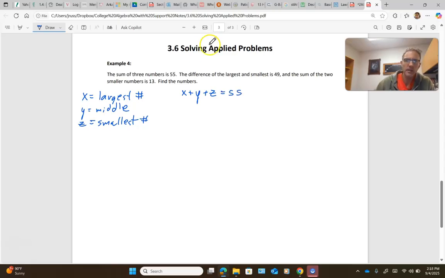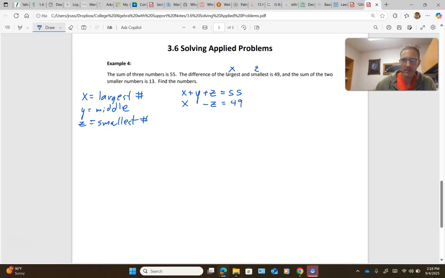And it goes on to say, the difference of the largest and smallest is 49. Or in other words, if we subtract, okay, X is our largest, Z is our smallest, so if we subtract from our largest our smallest number, we should get a difference of 49.